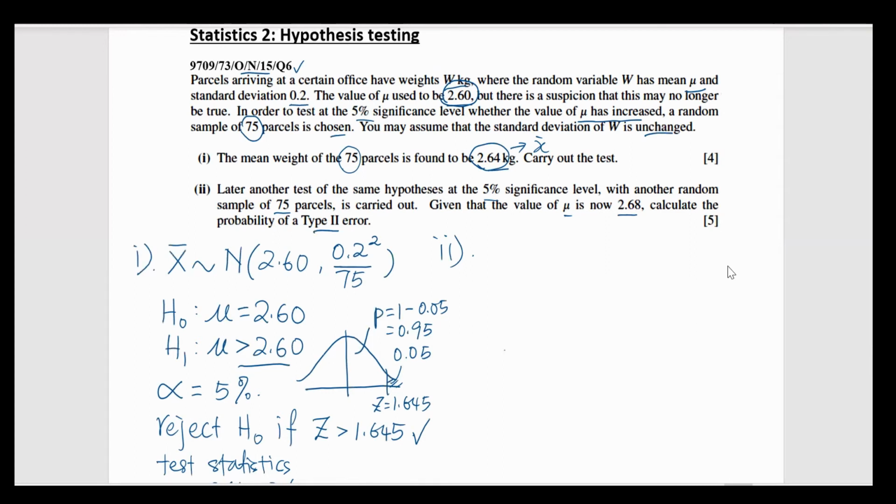Okay, what does it mean? If you refer to my previous videos, when I discussed the calculations of type 1 and type 2 error probability, I emphasized that there is very important information that must be given by the questions, right?